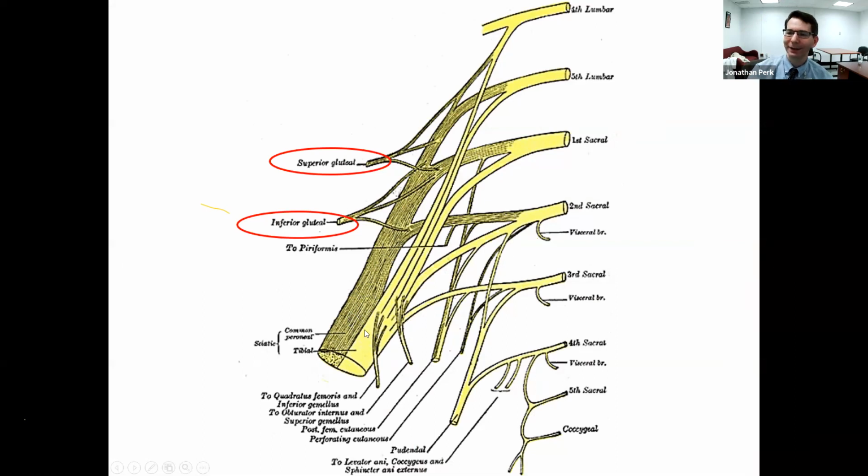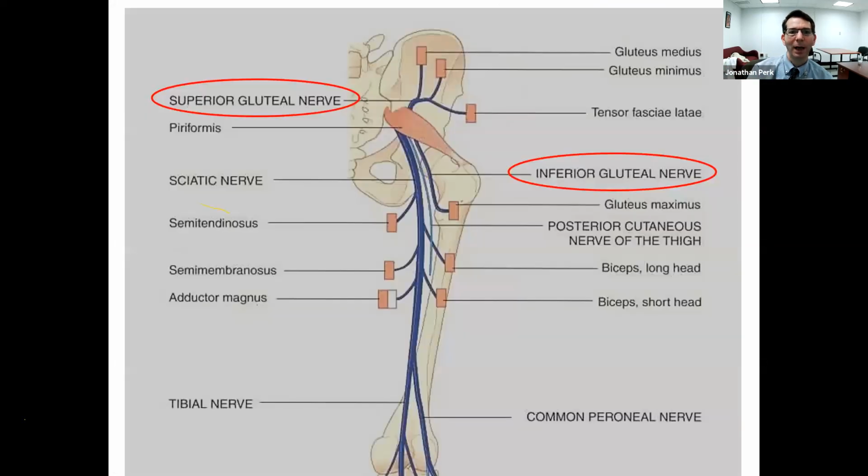You can dissect it and see that it's composed of two parts, the tibial part and the common peroneal. We'll see later on that they don't get along very much together and they separate. But at the thigh, they're still a married couple.